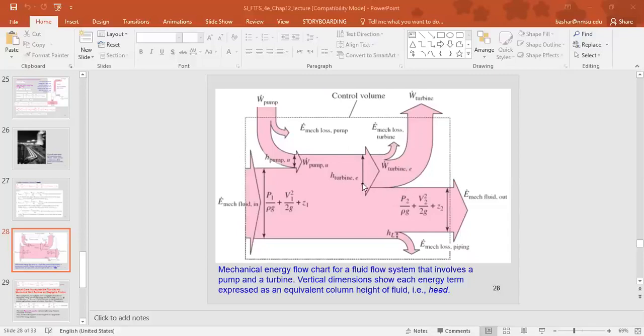While for the turbine, this is the turbine power, the output. The extracted turbine part of it will be taken as the mechanical losses in the turbine, and the rest is going out as the turbine shaft output power. Okay, here's the mechanical losses in the piping that is included in the energy equation shown in the previous slide.